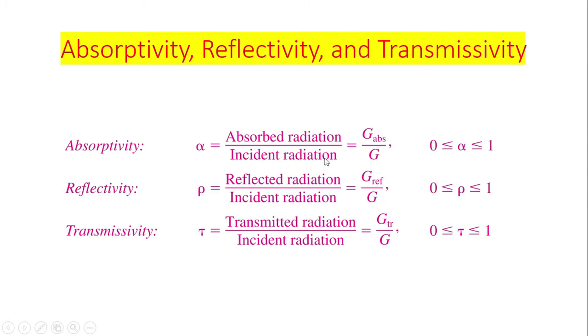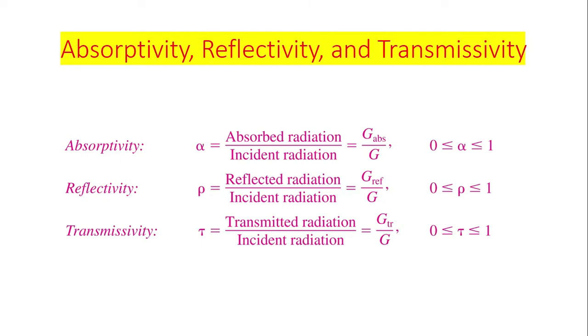Let's suppose the incident radiation is equal to 100 and only 20% of the radiation is absorbed. If we write 20 over 100, this ratio would be equal to 0.2.